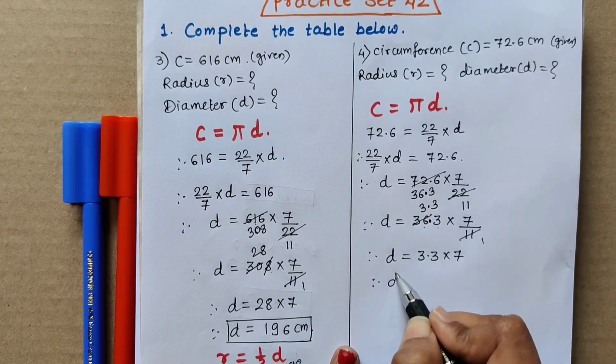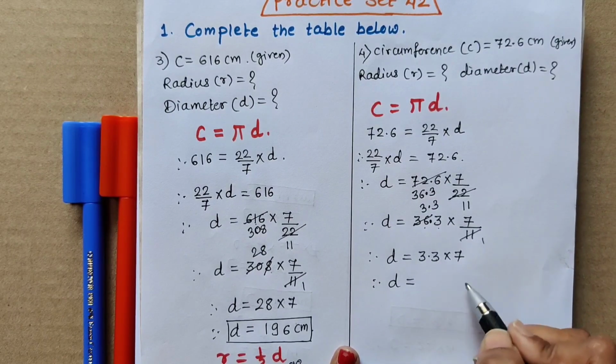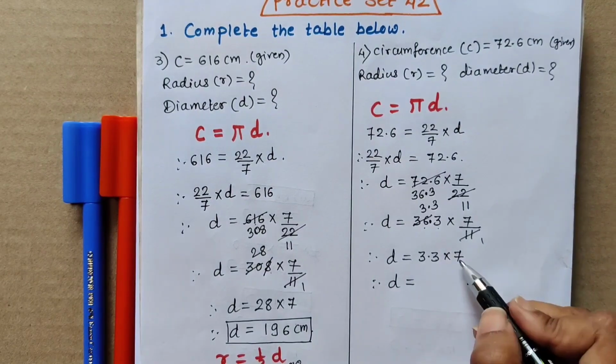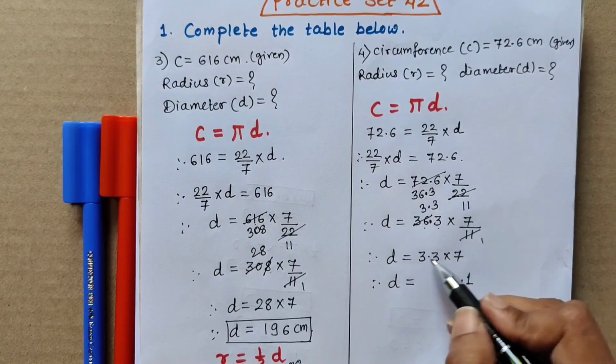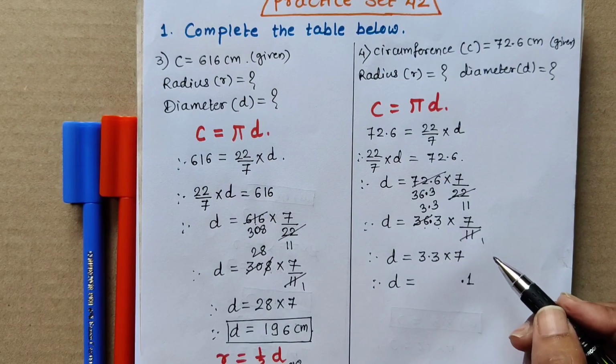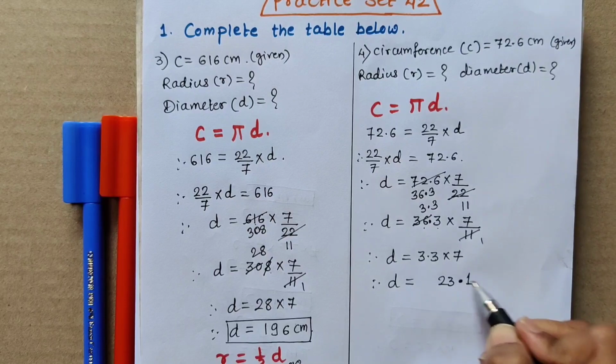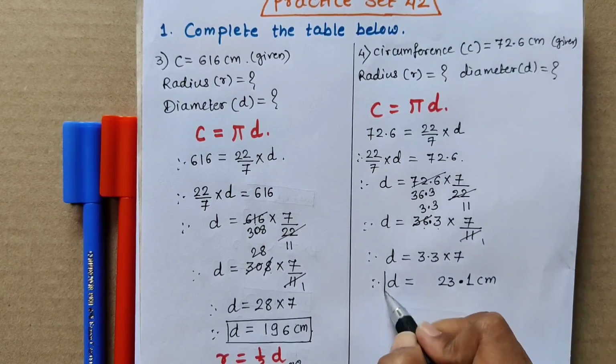So 3.3 multiplied by 7, multiply. 3 sevens are 21, 1 write, 2 carrying, point is there, 3 sevens are 21, 21 plus 2, 23. So 23.1 centimeter.